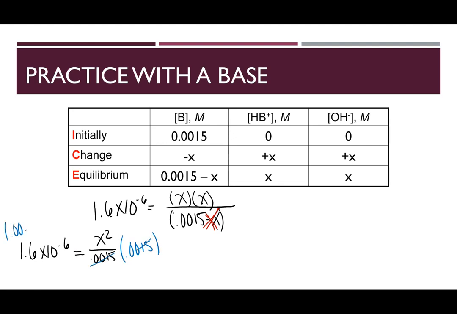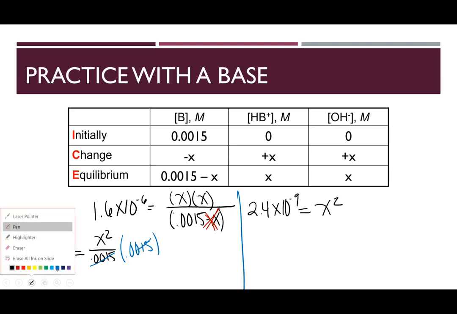Multiply this side by 0.0015, and I get x squared equals 1.6 times 10 to the negative 6 multiplied by 0.0015, and we get 2.4 times 10 to the negative 9th.